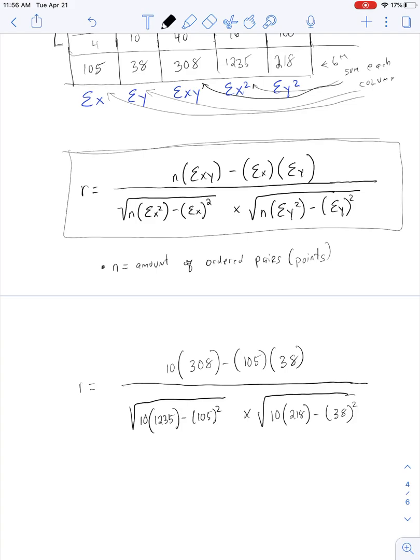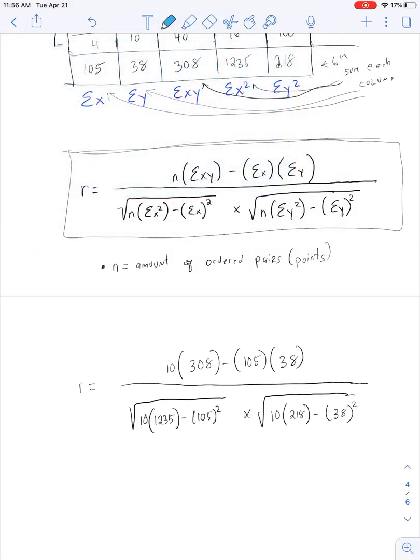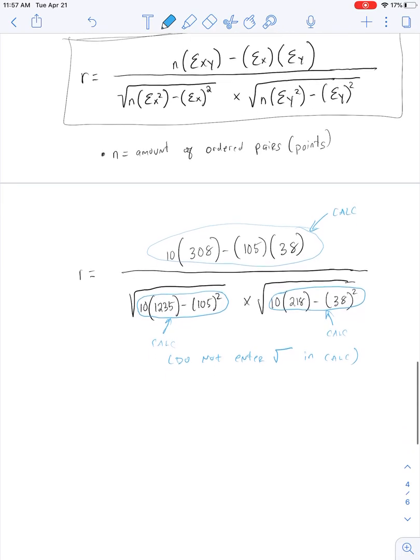Okay, so now this is where we use our calculator, and we want to be very careful. What you want to do is put 3 calculations into your calculator, right? Just what's inside the square root symbol in your calculator. Very important, do not enter the square root in your calculator yet.